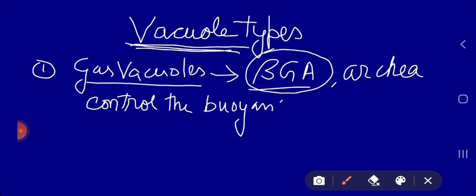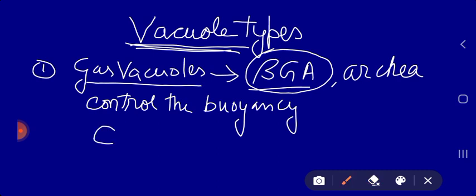These gas vesicles are formed when small bioconical structures grow to form spindles. The gas vacuole walls are composed of a hydrophobic gas vesicle protein called GvpA, or gas vesicle protein A.